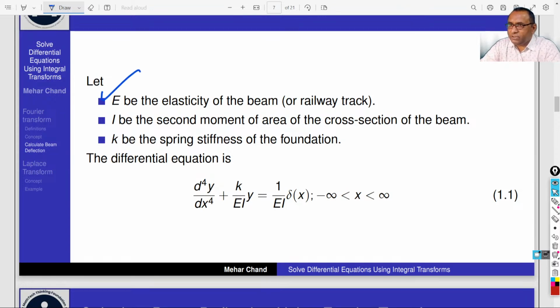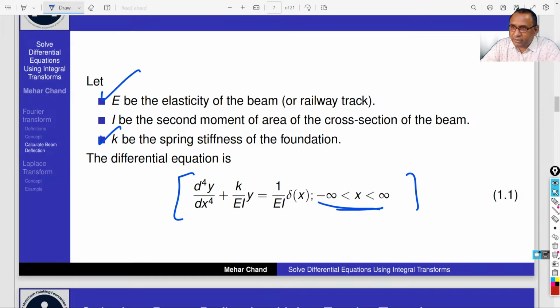E be the elasticity of the beam or the railway track, I be the second moment of area of the cross section of the beam, and K be the spring stiffness of the foundation. So on the basis of these parameters, we have the differential equation which is from minus infinity to infinity.